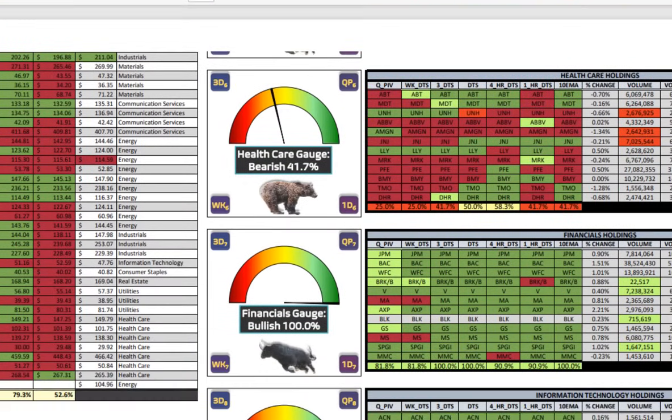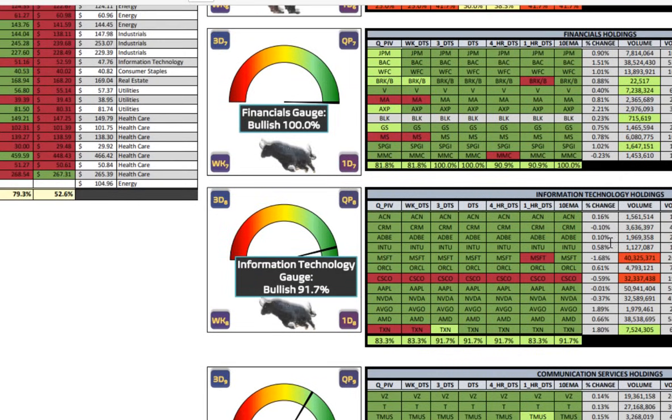Look down here, you can see information technology has zoomed to 91.7%. Financials were also strong, but in information technology, you can see all that red we'd seen 2 weeks ago, almost all of it other than Cisco and Texas Instruments, TXN, were negative. So that confirmed that growth stocks, high tech, were the place to be.